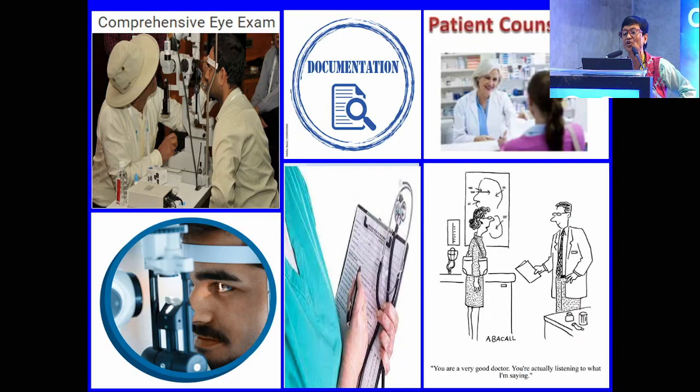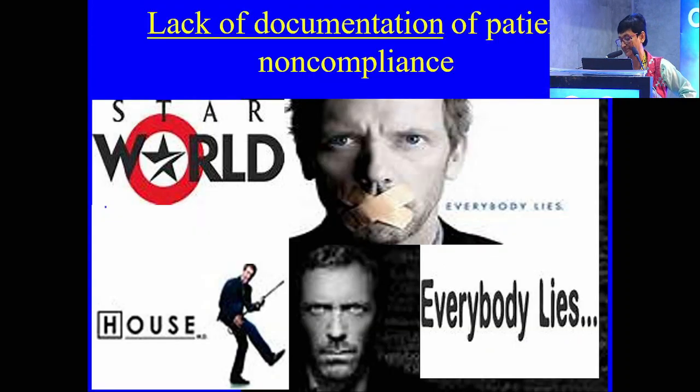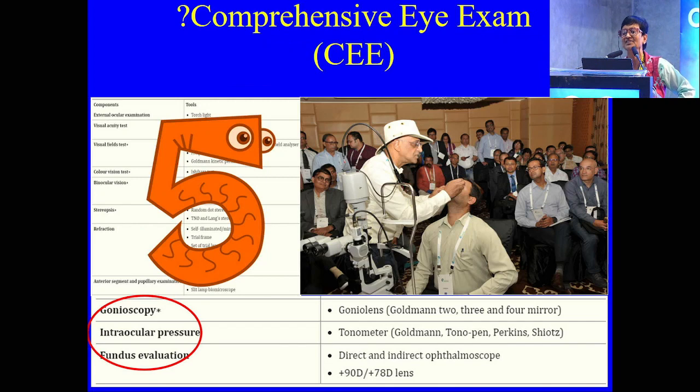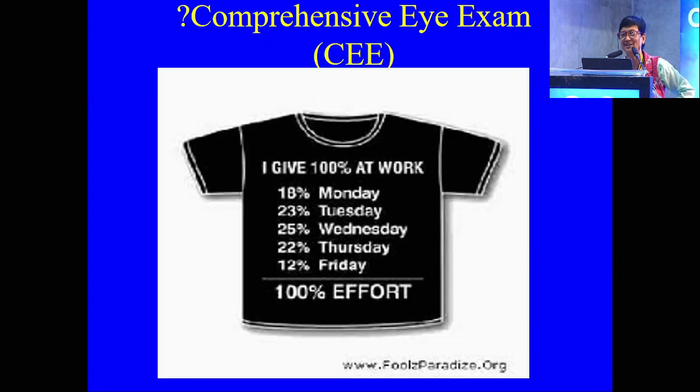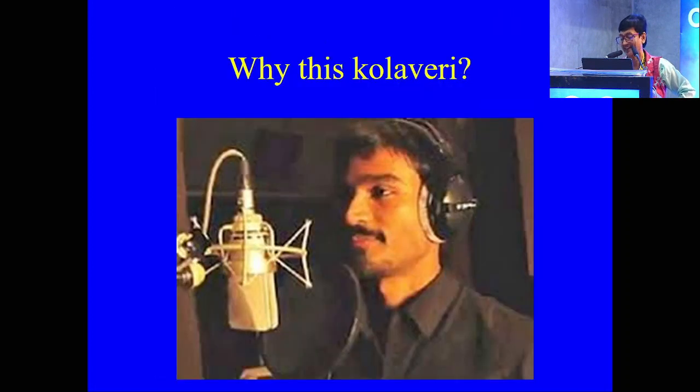So finally, if we want to reduce the mistakes, we have to pay attention to complete examination, documentation and counseling. Sometimes patients don't use drugs, or have no complaints. That also has to be documented. Comprehensive examination means, I remember only Professor Ravi Thomas always doing it properly.